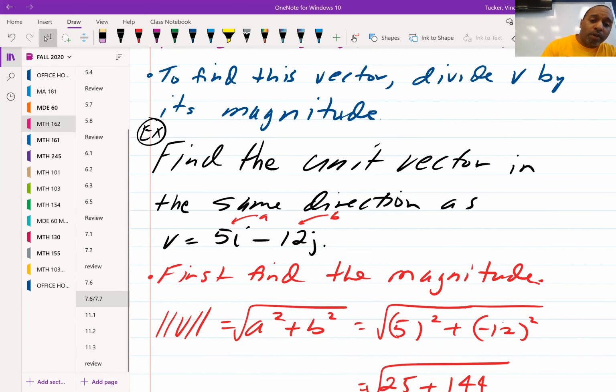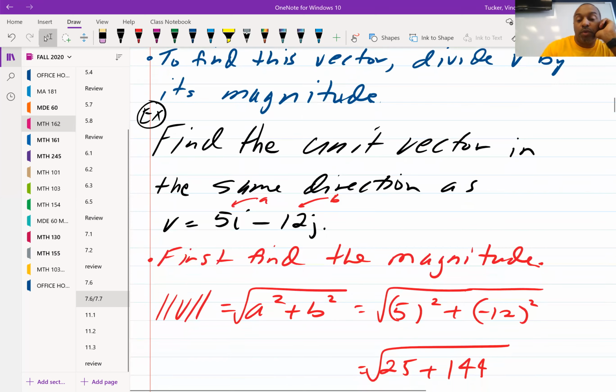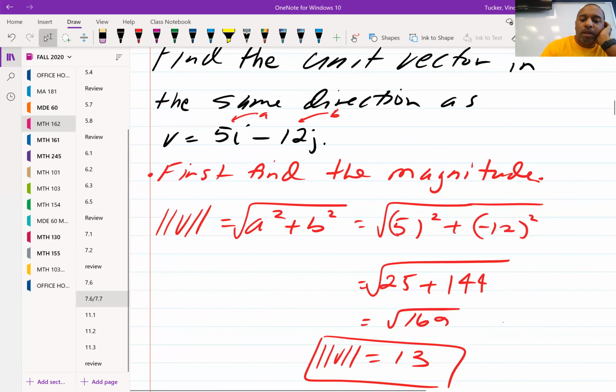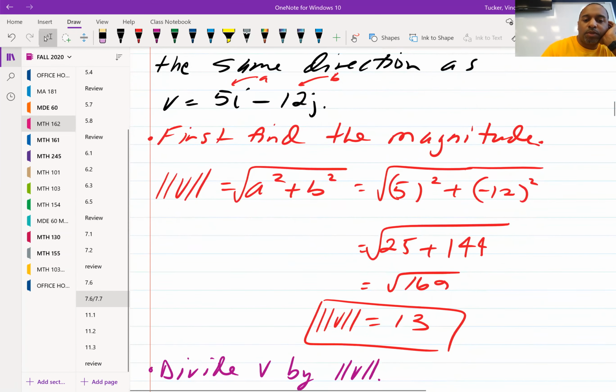So 5 is going to be a, 12 is going to be b. We can square 5 and square negative 12. That'll be 25 plus 144, which will be 169, and the square root of 169 is 13. So the magnitude of vector v is 13. Any problems?